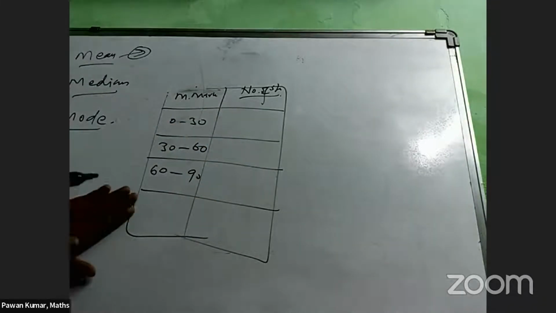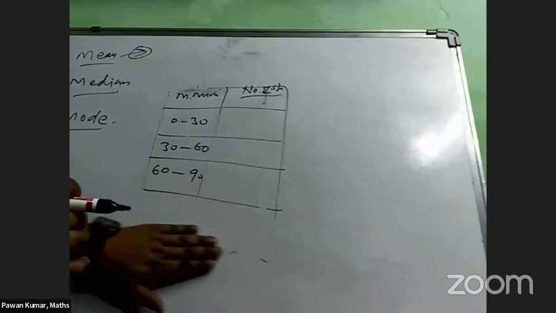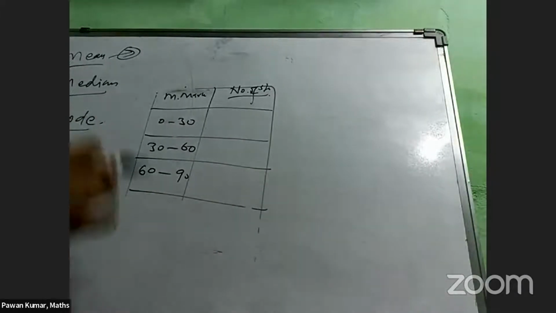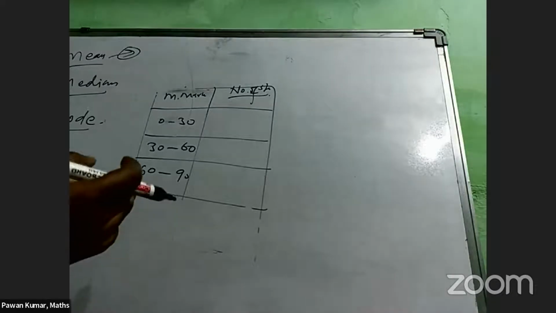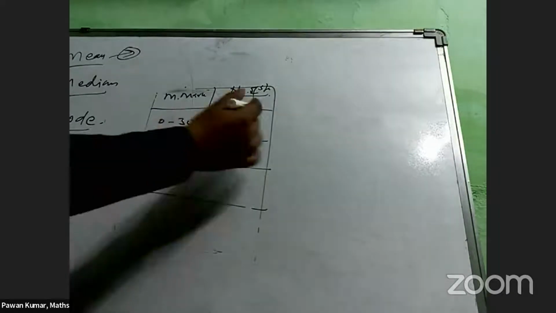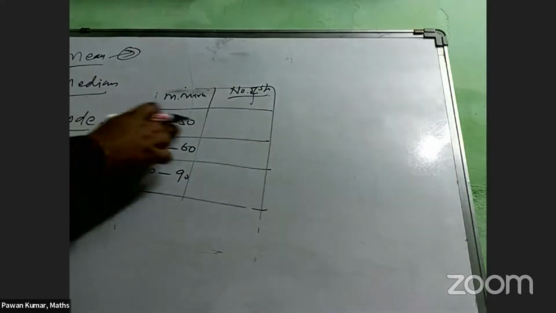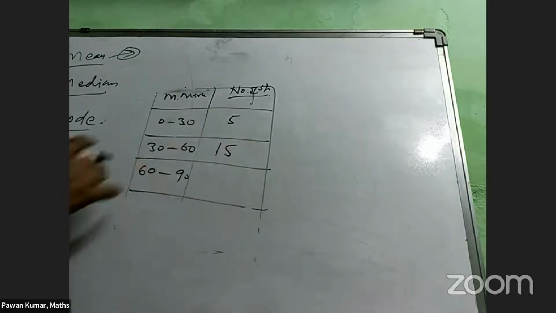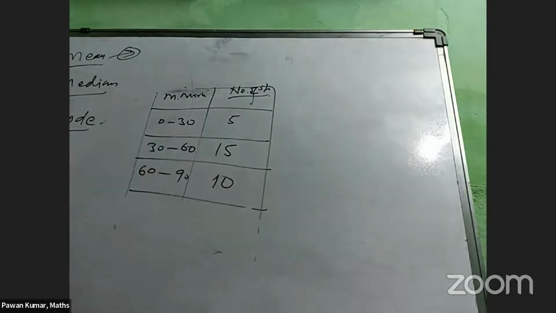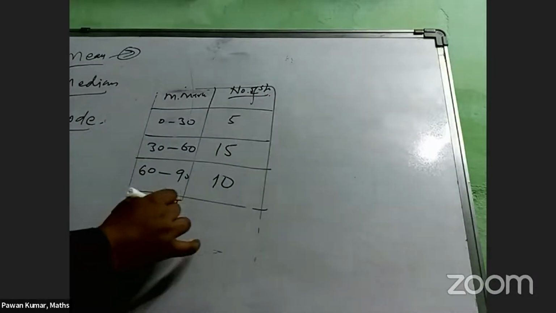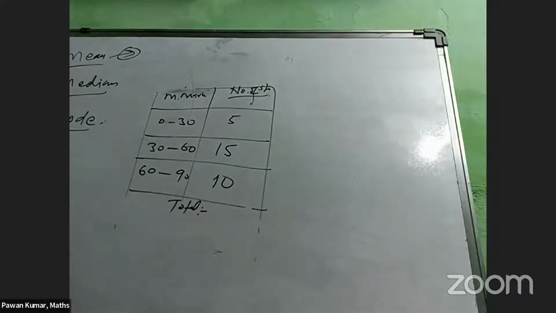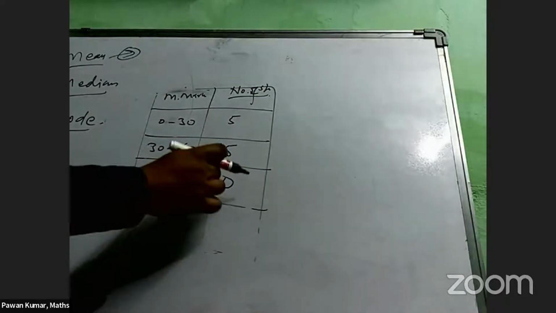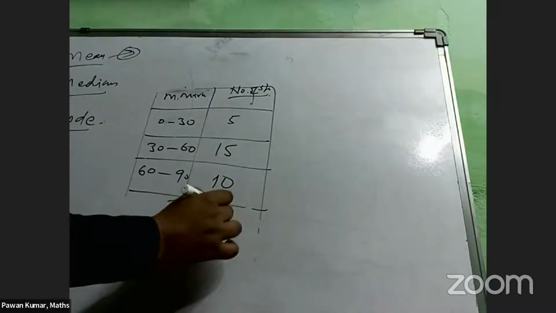Once I get this information, I get the number of students: in 0 to 30, 5 members; in 30 to 60, 15 members; and in 60 to 90, about 10 members. So the total frequency, we can write it as 5, 15, and 10, a total of 30.